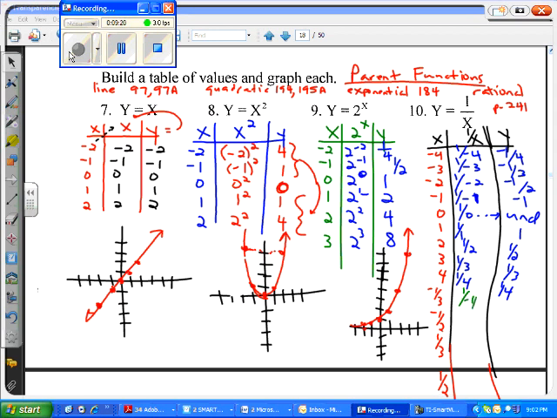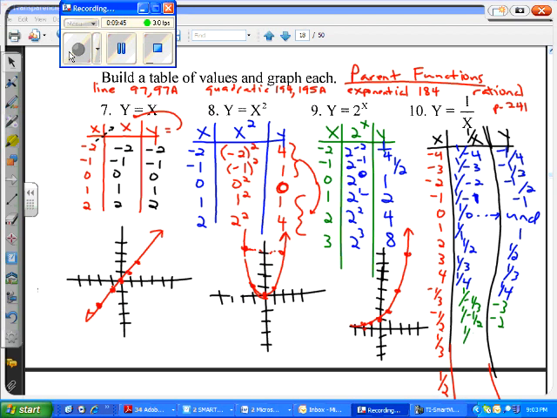1 divided by -1/3. To divide by a third, you multiply by the reciprocal, 3. So really we have 1 times -3, which is -3. 1 divided by -1/2. Dividing by -1/2 is the same as times -2. 1 times -2 would be -2. So 1 divided by -1/2 would be -2.